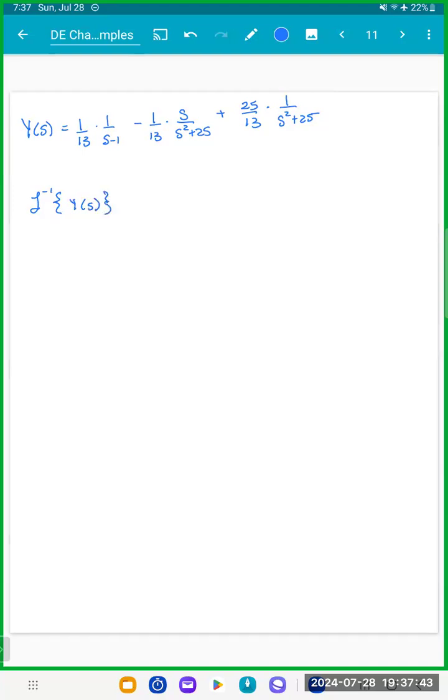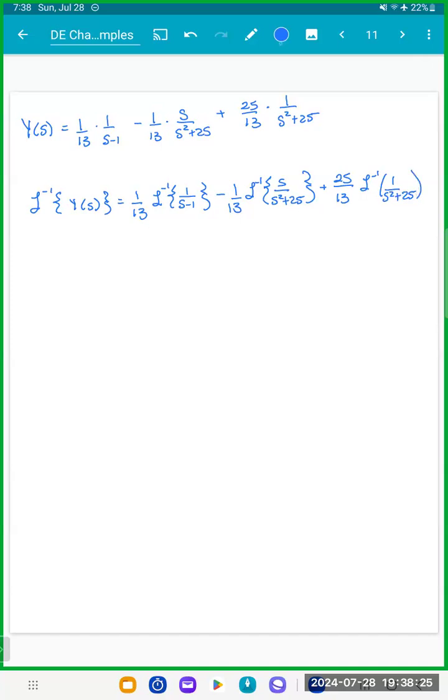So that is going to be 1 over 13 times the Laplace inverse of 1 over s minus 1, minus 1 over 13 Laplace inverse of s over s squared plus 25, plus 25 over 13 Laplace inverse of 1 over s squared plus 25.